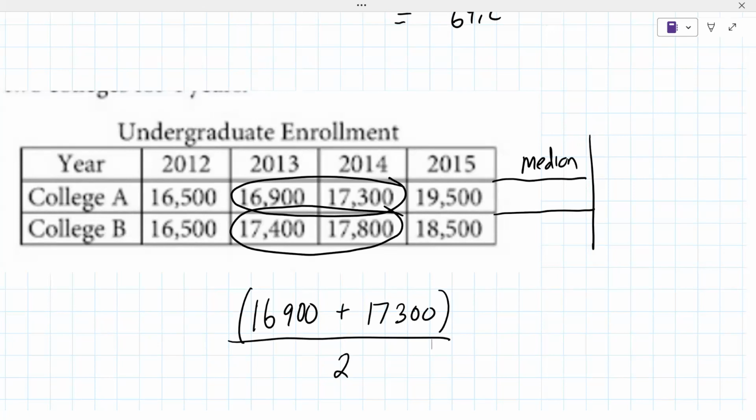Right. $17,100. Okay. I'll do the same thing for college B. Okay. $70,600.